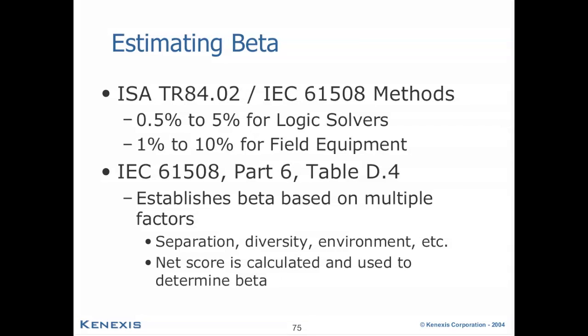Now, IEC 61508 Part 6 Table D4 provides a more thorough analysis of the beta factor for various devices and helps you establish that beta based on multiple factors such as separation, diversity of the components, the working environment of the component, available procedures, and so forth. From this analysis, a net score is calculated based on a checklist of yes or no questions, and this will help you to determine the beta for your particular process.